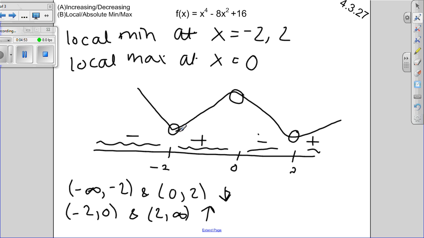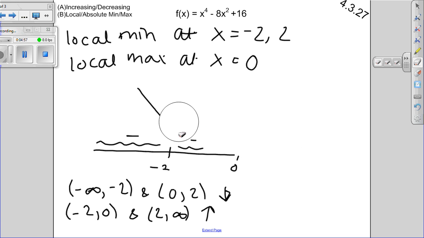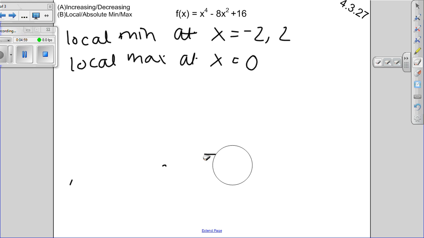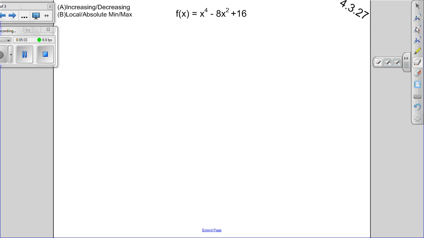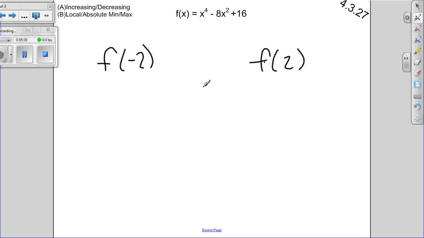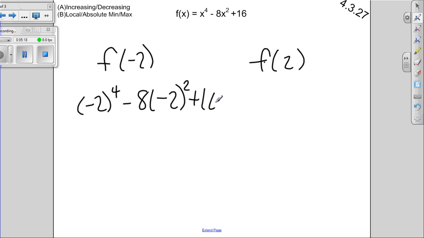But one of these points is going to be our absolute minimum, maybe both. Let's see. So we need to plug them into the original function to get their value. So we have f of -2 and f of 2. That's -2 to the 4th minus 8 times -2 squared plus 16.